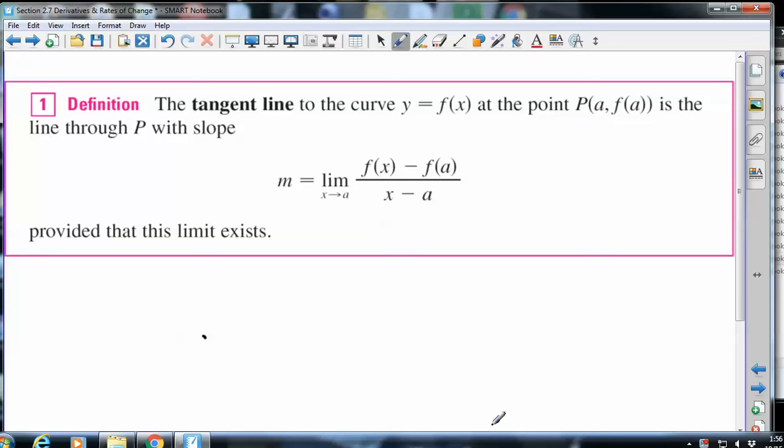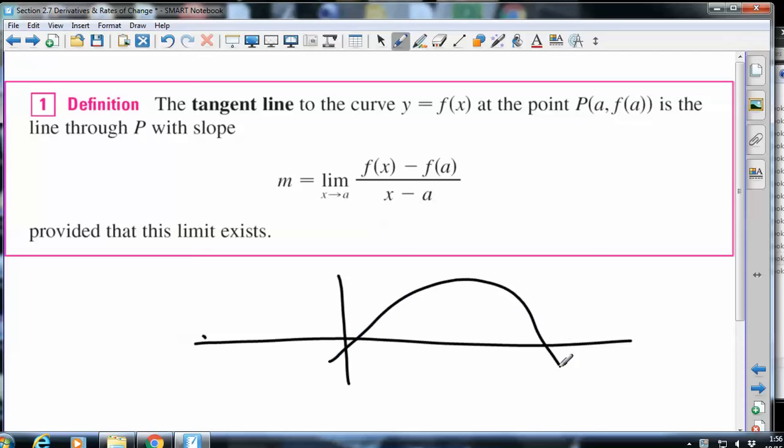Now, we could have actually been doing that with limits the whole time. When you think about what we were doing before, when I had some curve and I wanted the slope at some a value here, then we were taking points, getting closer to it, and calculating all the slopes between those, right?